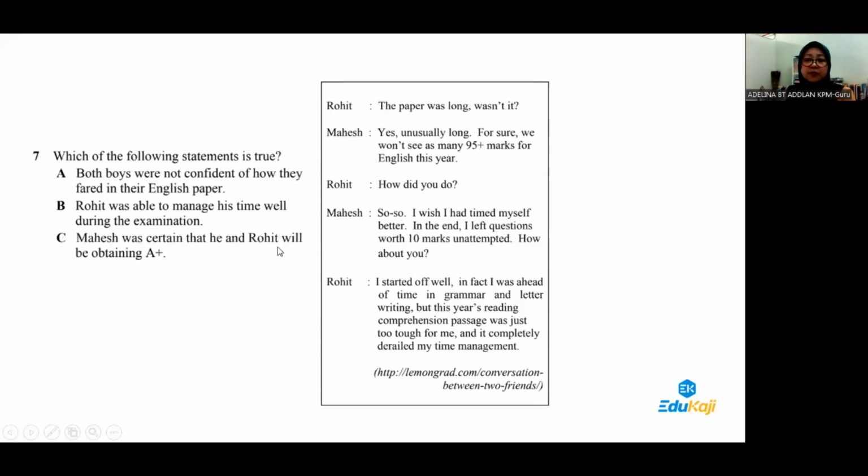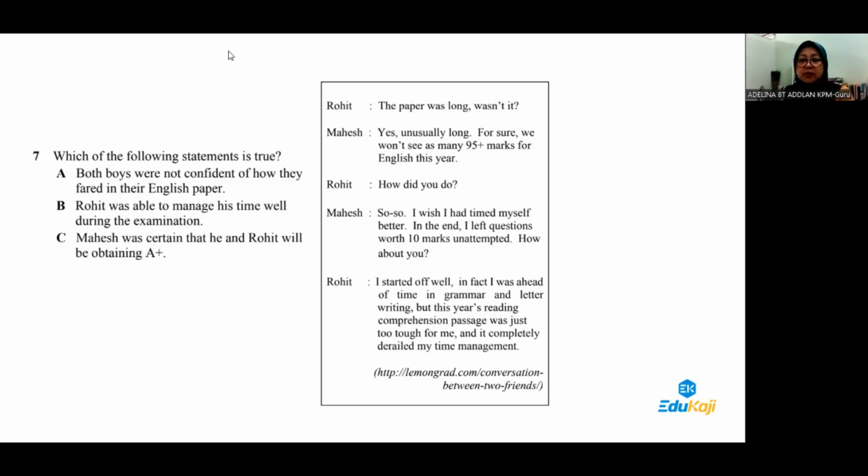Okay, question number 7. See again, question number 7 is asking for students to give a true statement. But this is actually a conversation between Rohit and Mahesh. Right? So Rohit and Mahesh are actually discussing this examination paper.